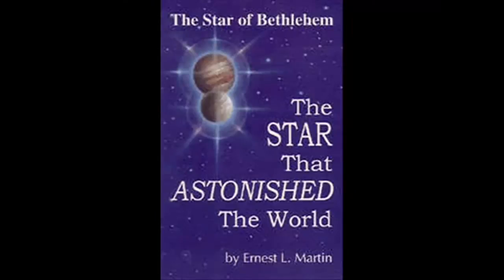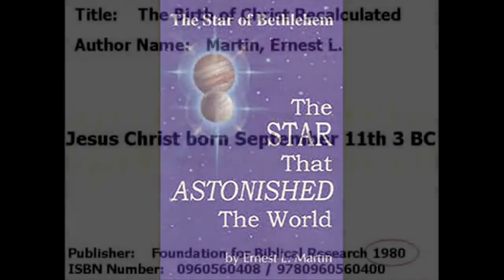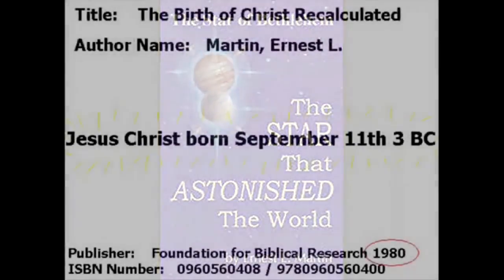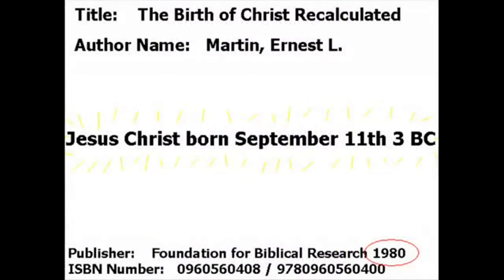He worked out with the famous Star of Bethlehem that Jesus Christ was born on September the 11th, 3 BC. And this book was released in 1981. So we've got another date there. Sorry to interrupt, but I think that's actually a key area to why we potentially are seeing so many things oriented around the 9 and the 11 September.